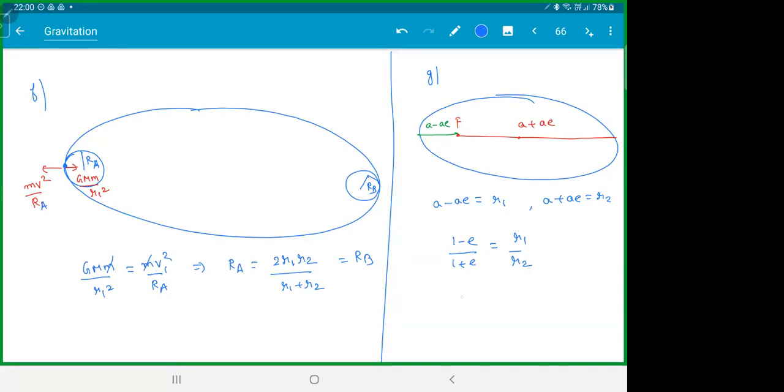You're not wrong, but why do so much? So a minus r1 is ae, and r2 minus a is ae. If we divide them, we don't need to.